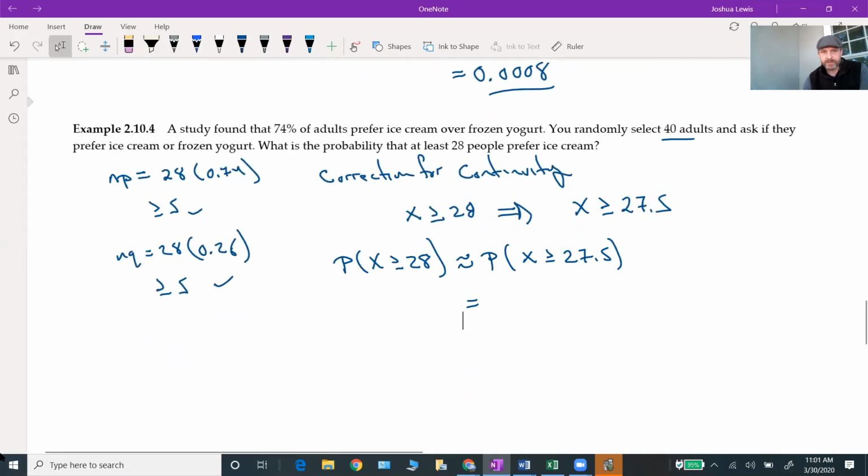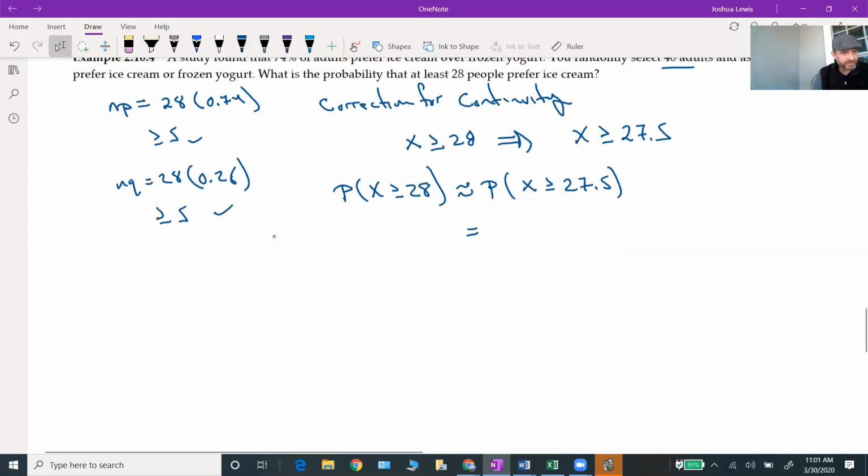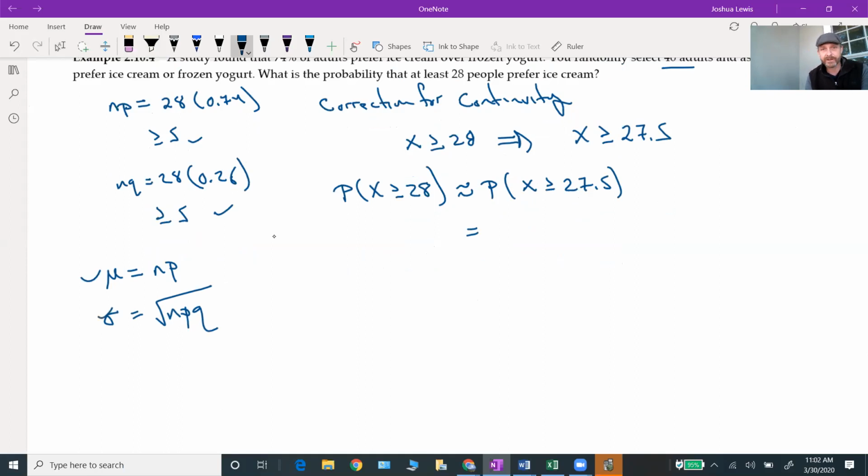But remember, as you're using this normal distribution, I want to remind you that your mean is n times p, and your standard deviation is the square root of npq. I know I didn't mention that on the last example. If you're wondering how those numbers came about, this is your mean and standard deviation because you've got a binomial distribution. Whatever computational tool you use, Excel, or a TI, just put these inside the body of the argument.